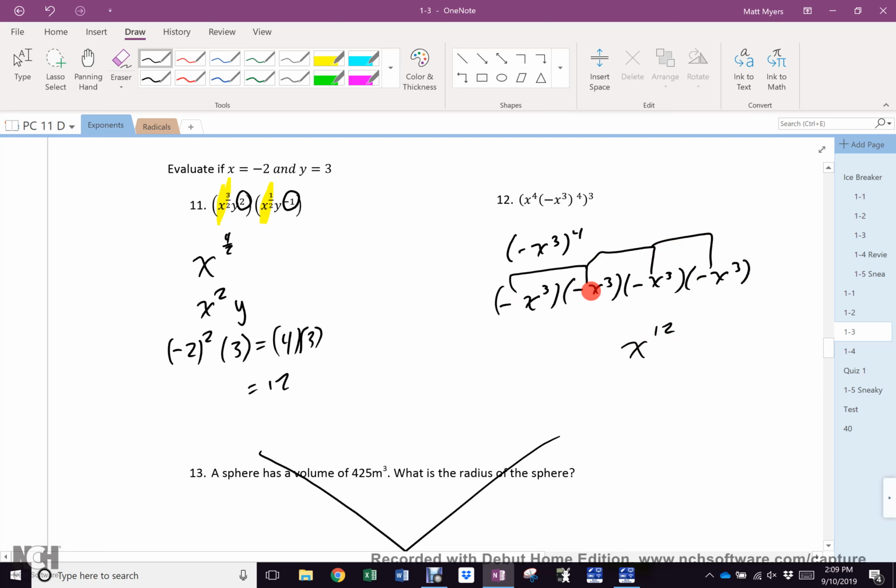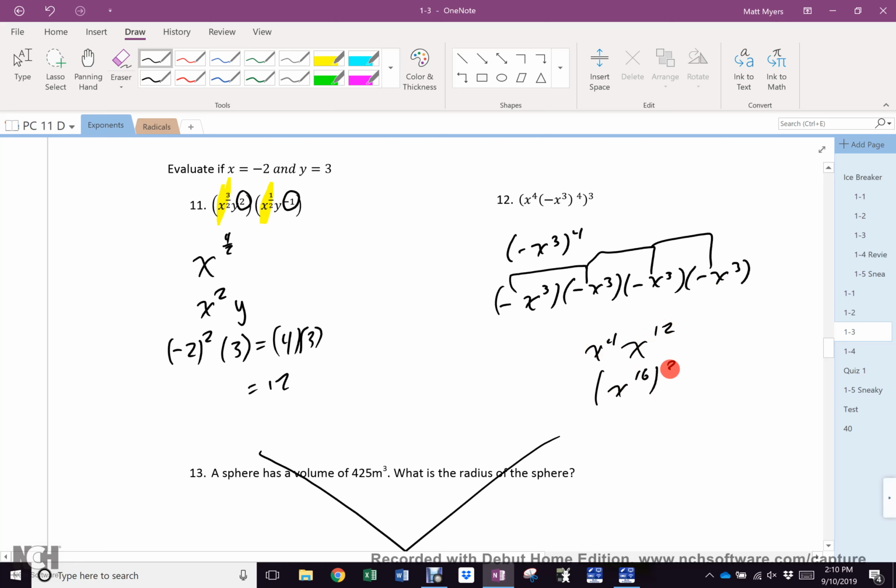This is what I mean by knowing what's going on and trying to apply the rules. Is everybody cool? Because as soon as you write it all out, oh, negative, negative, negative, negative. Right? So now I've got x to the 12th, x to the 4th, which is x to the 16th, right?